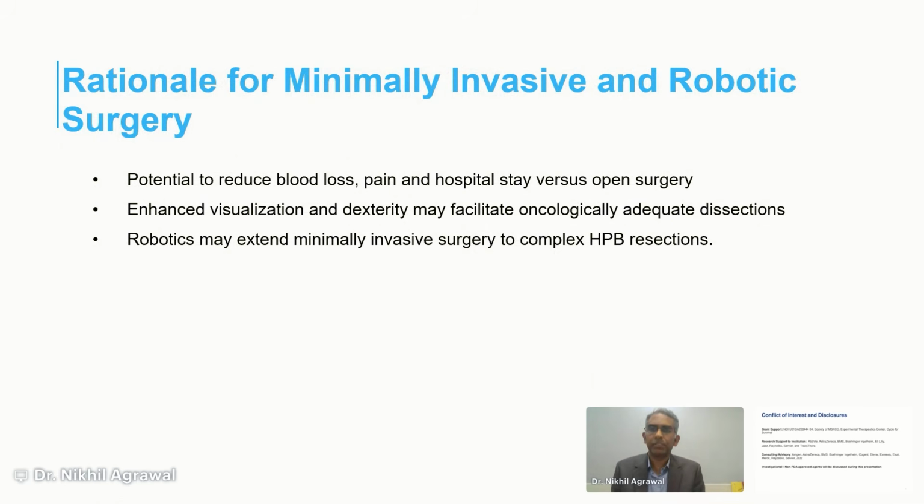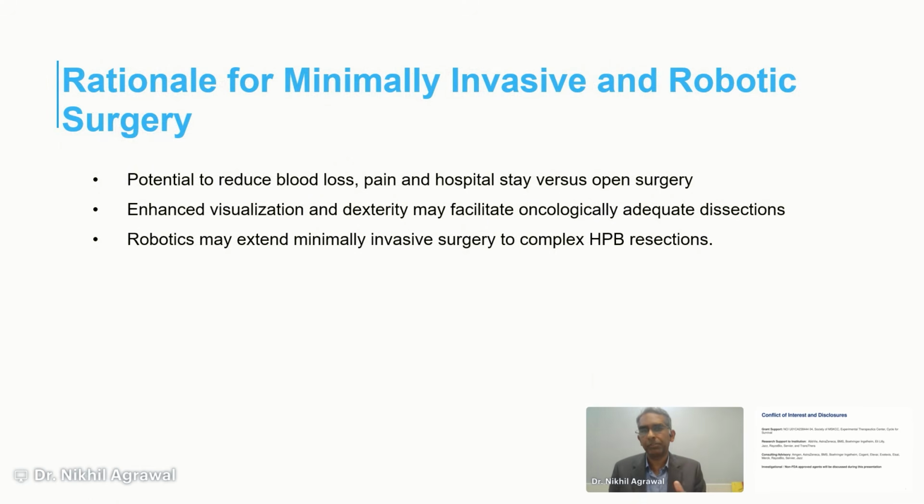There are some challenges of laparoscopic surgery. What happens in laparoscopic surgery is that the vision is good, but the movements are very fixed. The laparoscopic instrument is a fixed-arm instrument which moves only like this. They don't move like our wrist moves, and it's very challenging for the surgeon.